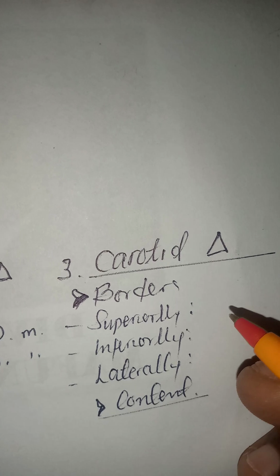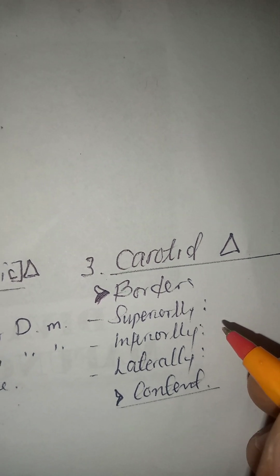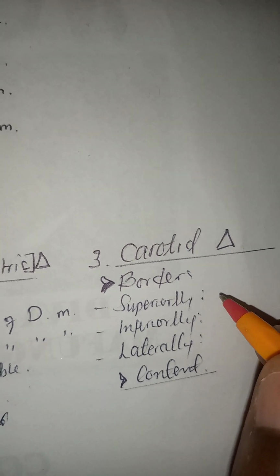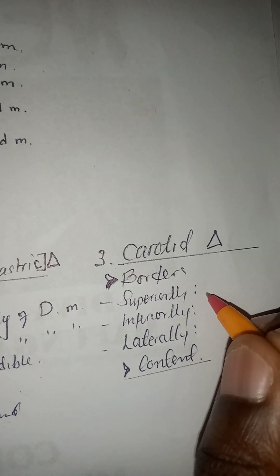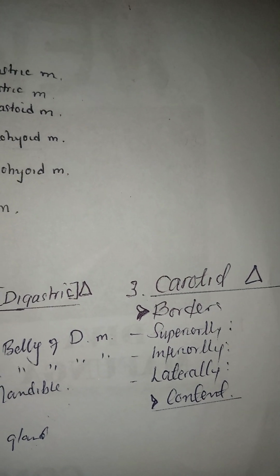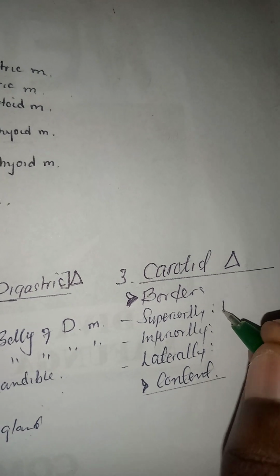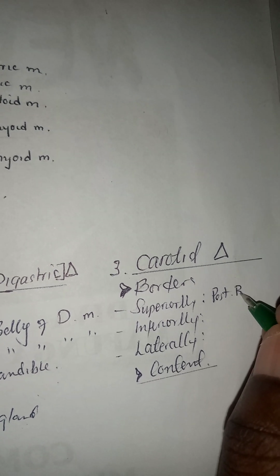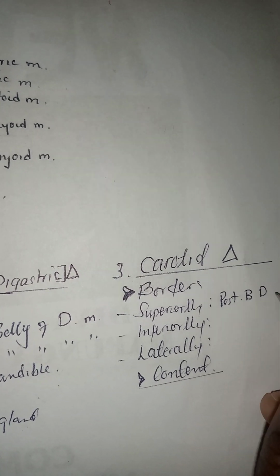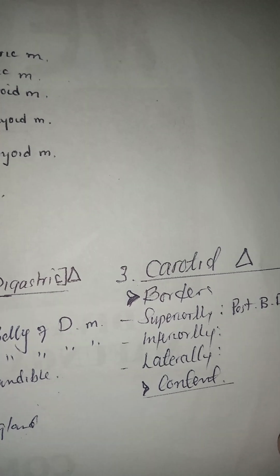If you don't mind, you can put it here. On the superior aspect, we said we have the posterior belly of digastric muscle. Let me use the blue pen.